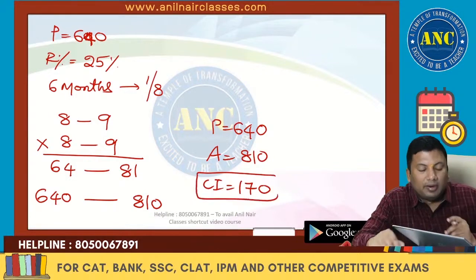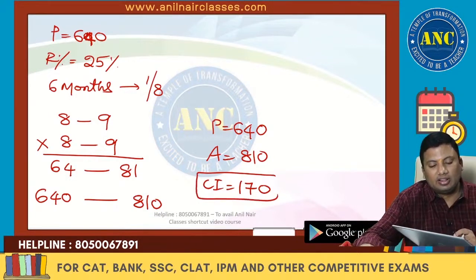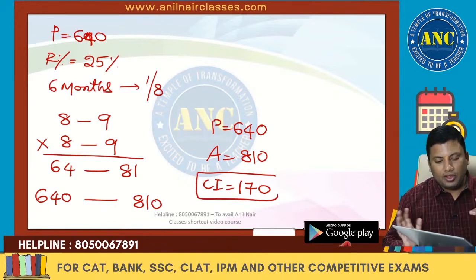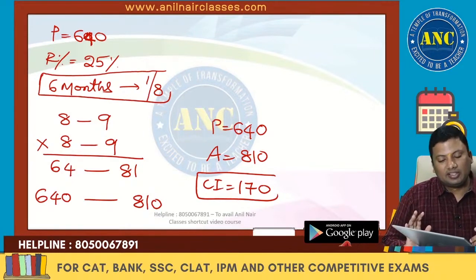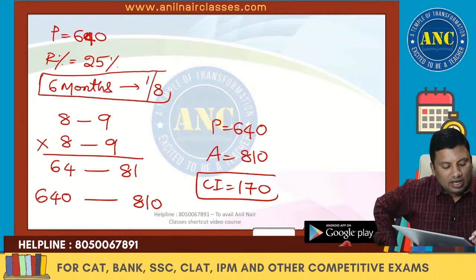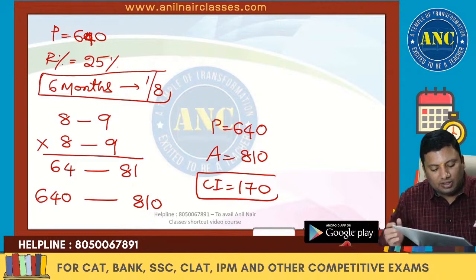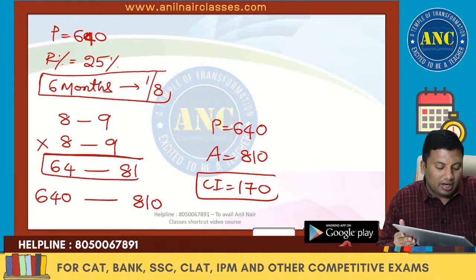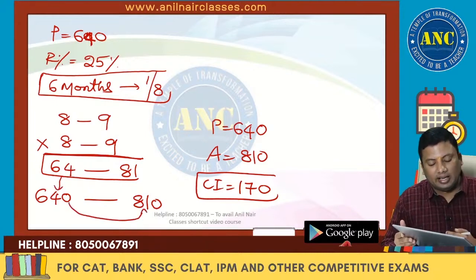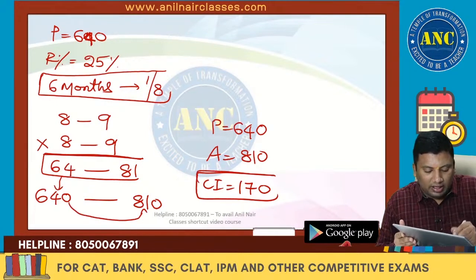I hope the idea is clear. If it is 1 by 4 for the entire 1 year, for 6 months it is 1 by 8. 8 becomes 9, 8 becomes 9. 64 is nothing but 81. But according to the question 640 is becoming 810. So extra is nothing but 170.